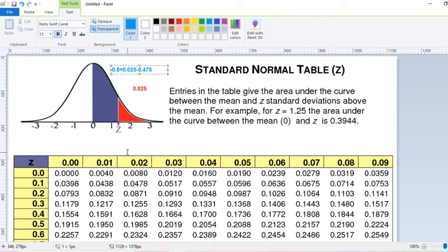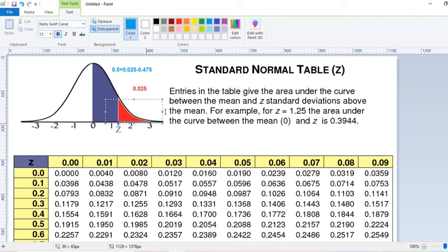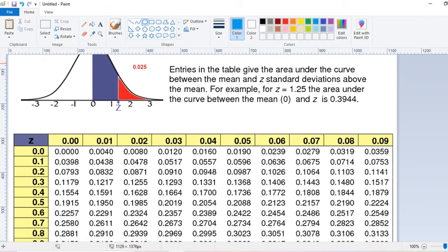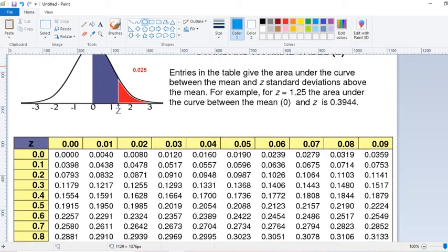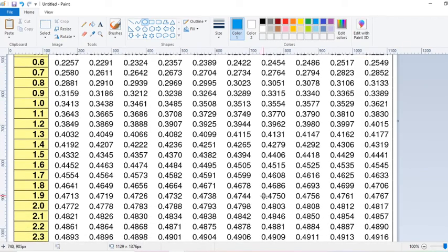So how can we find out the Z value corresponding to 0.025? That is the methodology we are discussing. For that, we are considering this blue region, and identify the value 0.475. Where is 0.475 situated? Look at these numbers. Yeah, it is given here.